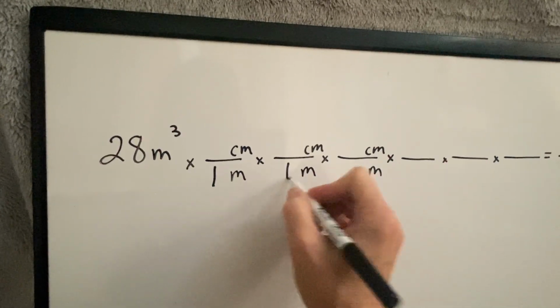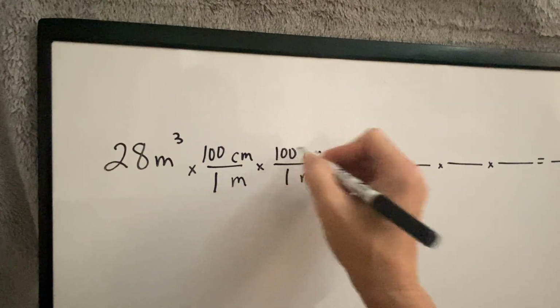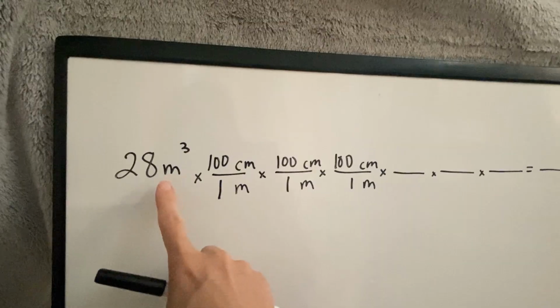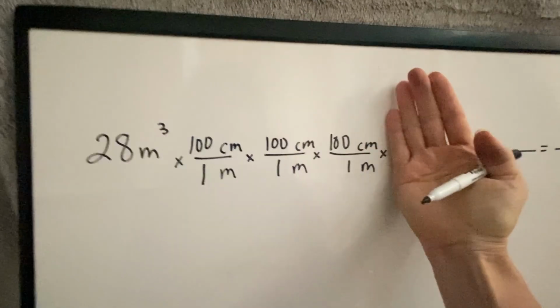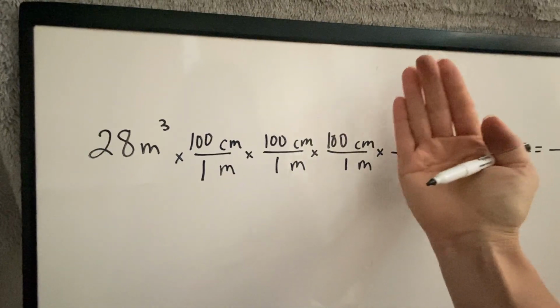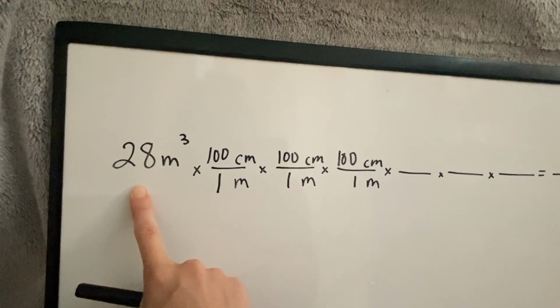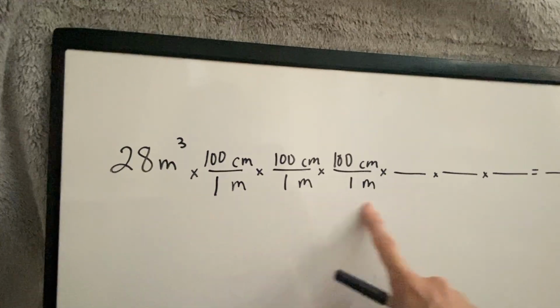So we've got 1 meter is how many centimeters? 100. Okay? We know that if we multiplied this through, at the end of this part of our equation, we would get how many cubic centimeters are 28 cubic meters. Okay, that's what this is converting right here.